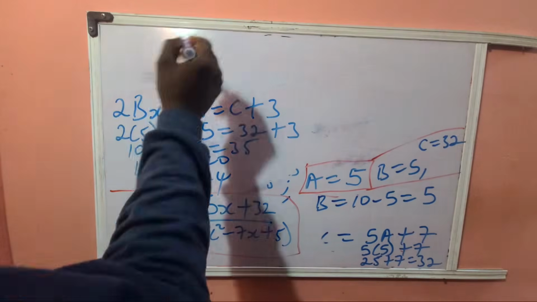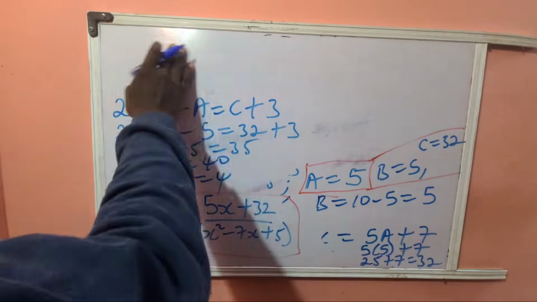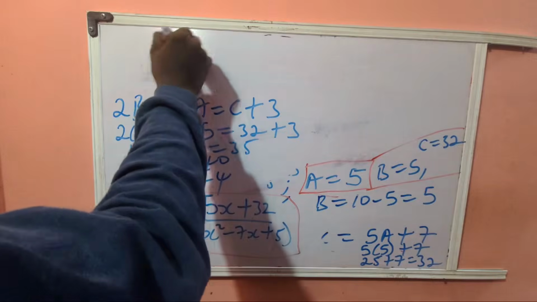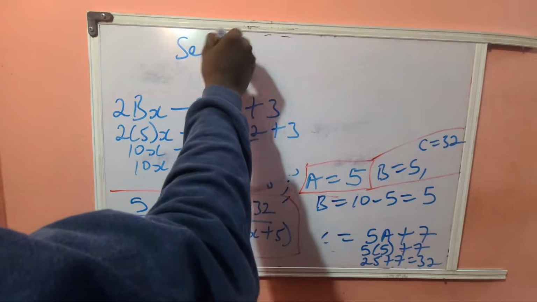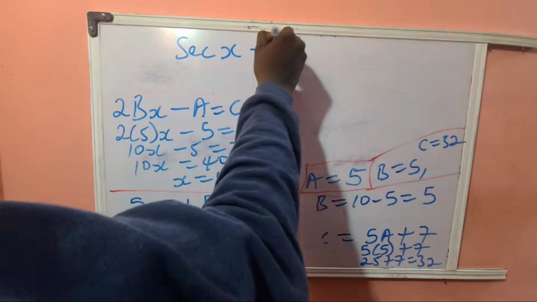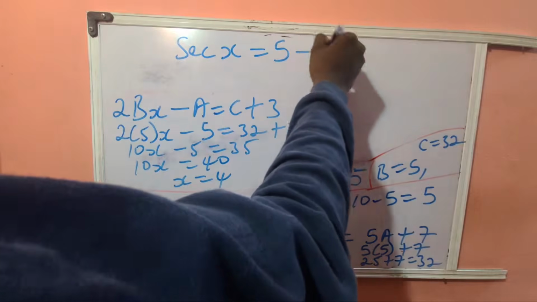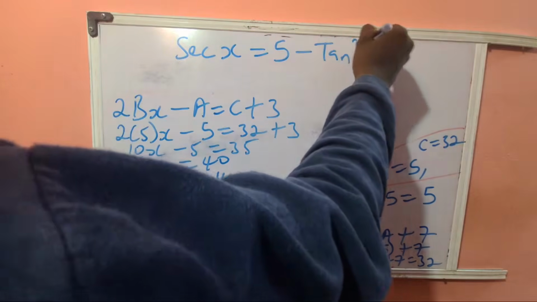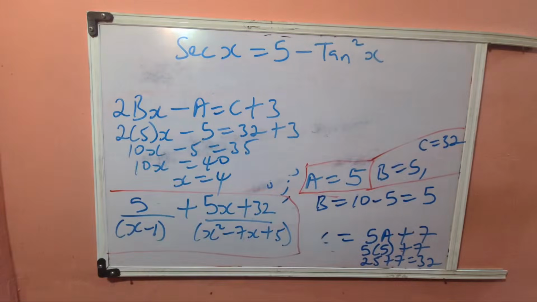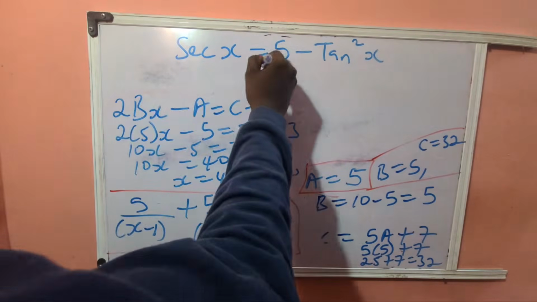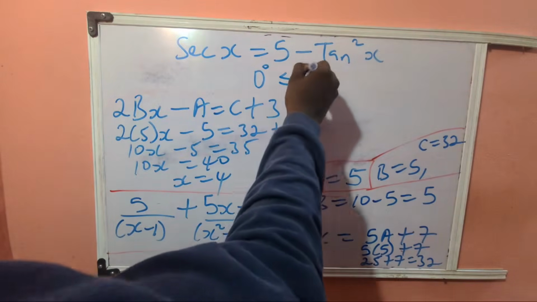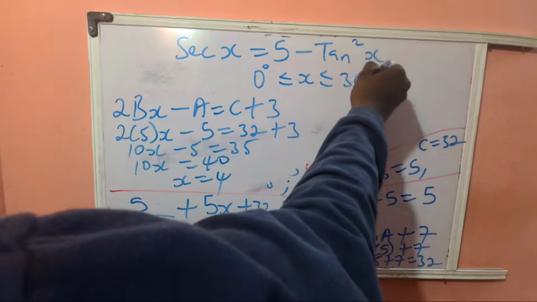So look at the question you were told to solve that will give you your full 15 marks. You were told to solve for sec x equals 5 minus tan square x. The question read, solve for x in the interval 0 degrees less than or equal to x less than or equal to 360 degrees.